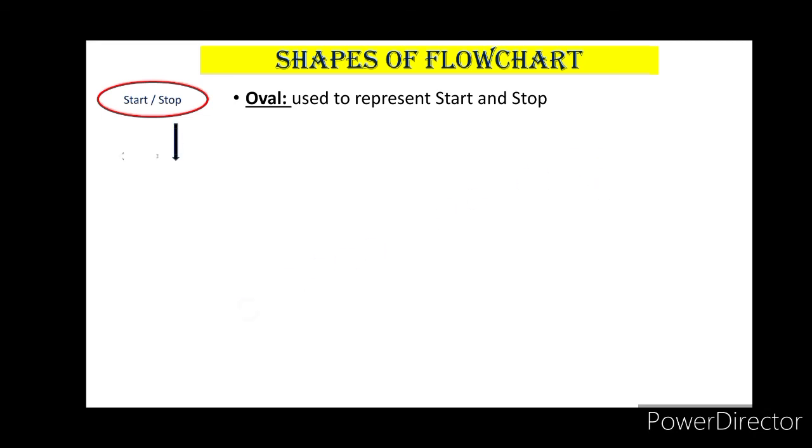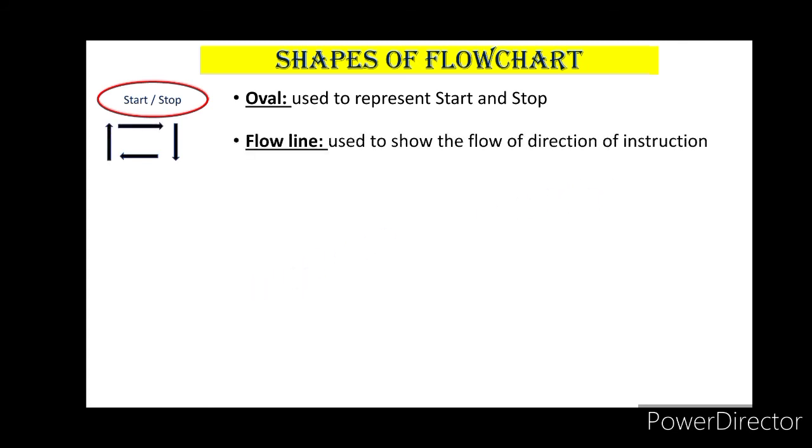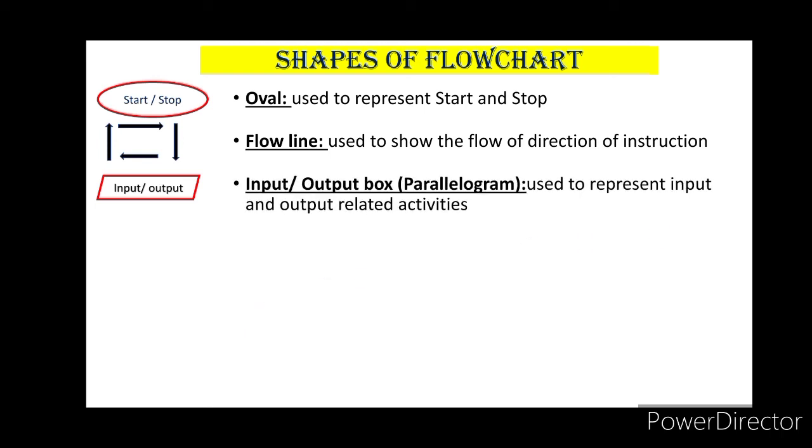Here the arrow is also known as a flow line. This flow line is used to show the direction of instructions, which can be carried out after. And here is another, the parallelogram, that is the input output box. It is used to represent different input and output activities.